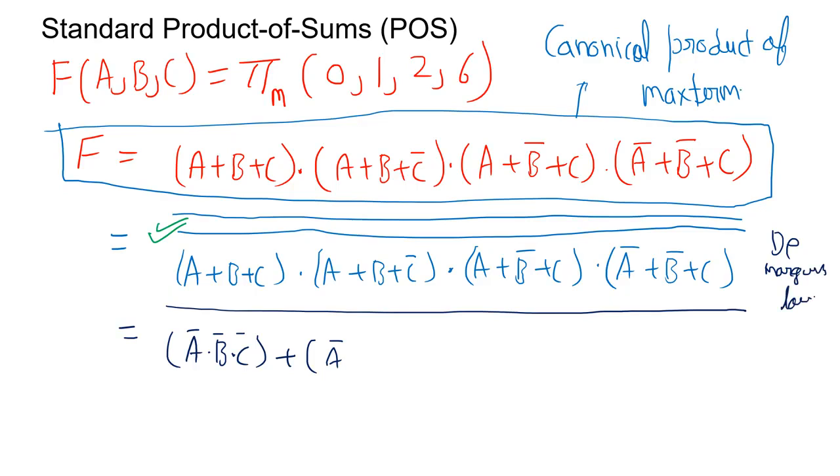So A bar dot B bar dot C plus A bar dot B dot C bar plus A dot B dot C bar, right?